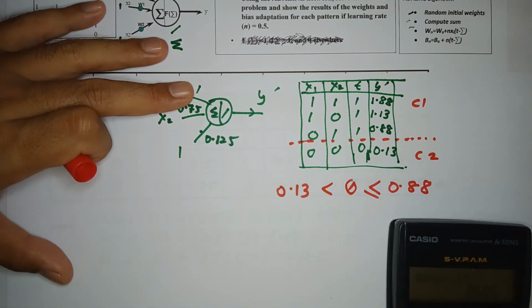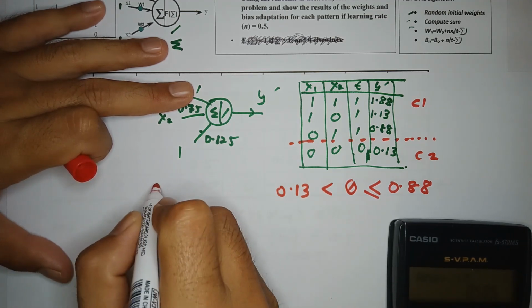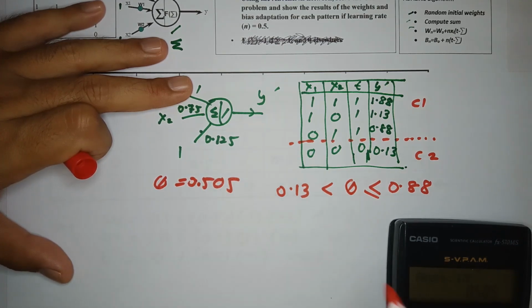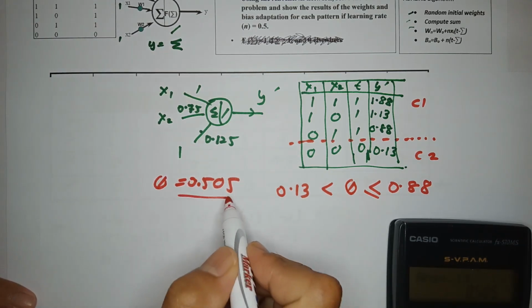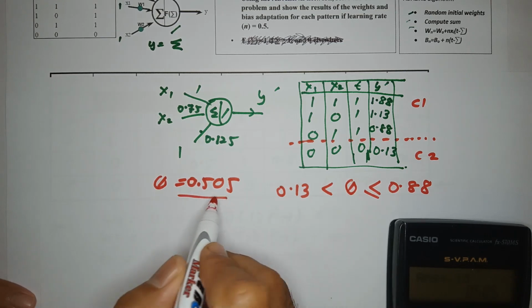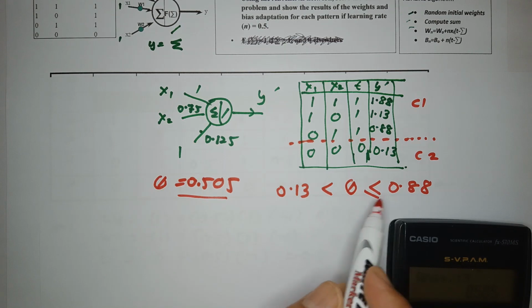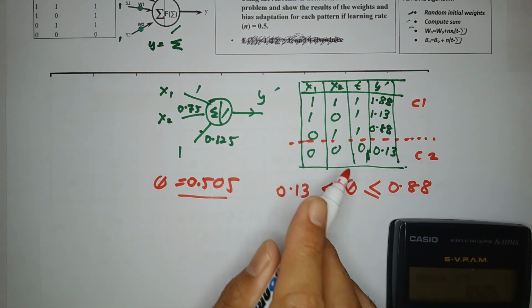So we can say if you select theta equal to 0.505, the selection of the threshold will be able to separate this data with the maximum separation between these two data sets.